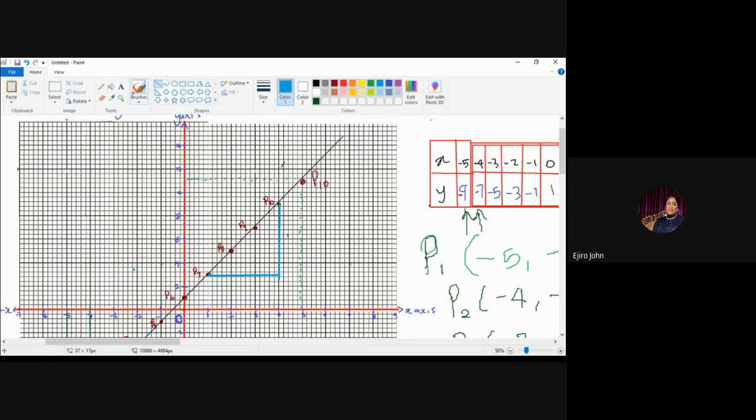So how do we calculate the slope? I want to choose a color that will be very catchy.